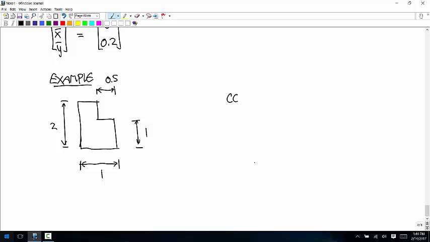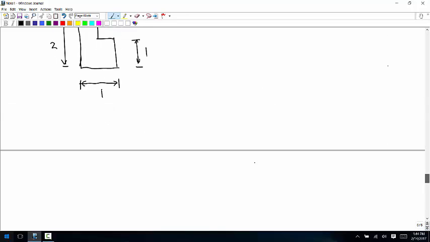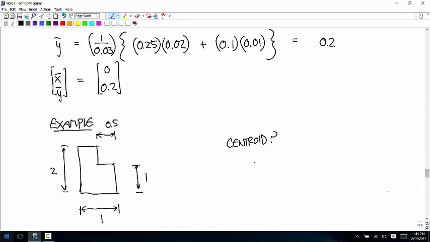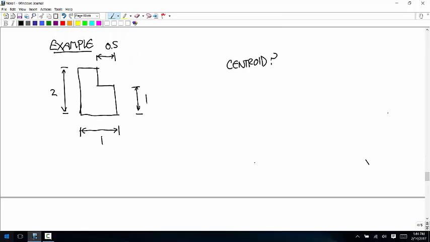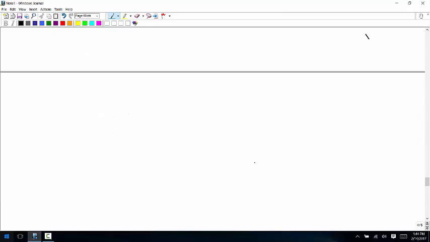And we want the centroid. Well, you could do this as 2 rectangles added, but I'm just going to show how to do it as a rectangle removed from a bigger rectangle. So I'm going to set this up as a big rectangle minus a little rectangle. The big outer one is 1, the little inner one is 2. And let's put the coordinate system in this corner.